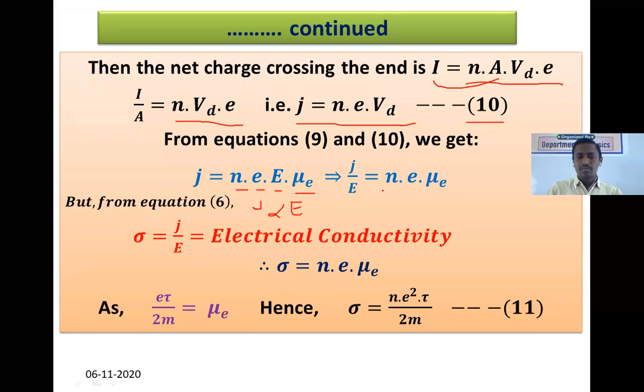Again, solve or simplify the equation. Here send this E to the other side, so J upon E equals n e into mu E. But we know J upon E is equal to electrical conductivity. Just see the previous equations.